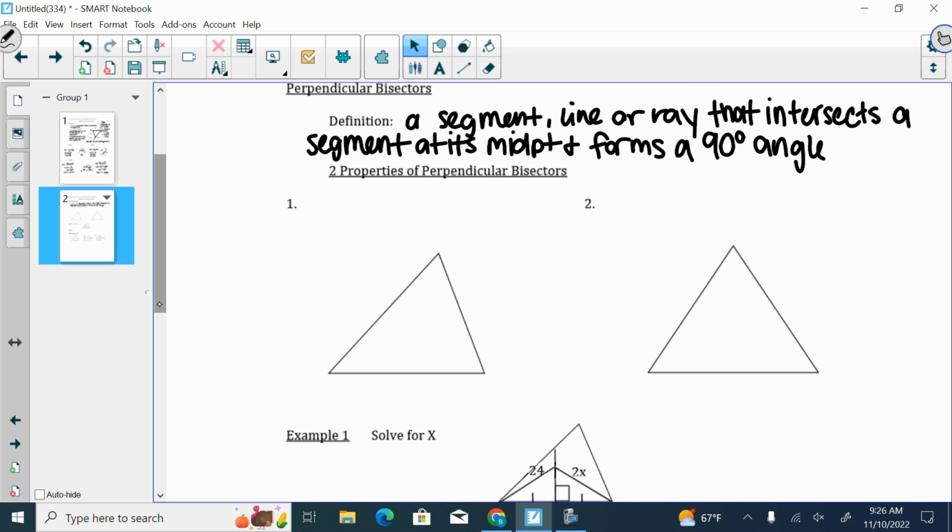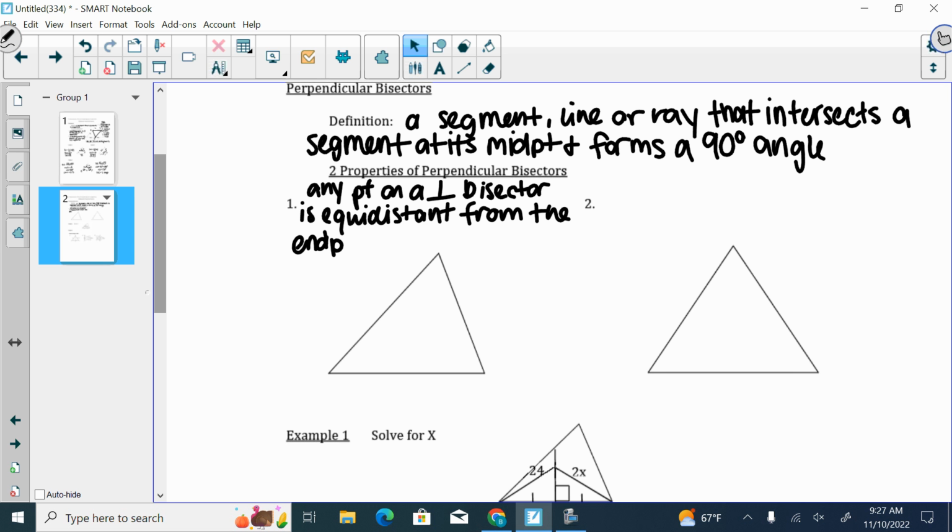The first one is that any point on a perpendicular bisector is equidistant from the endpoints of the bisected segment.